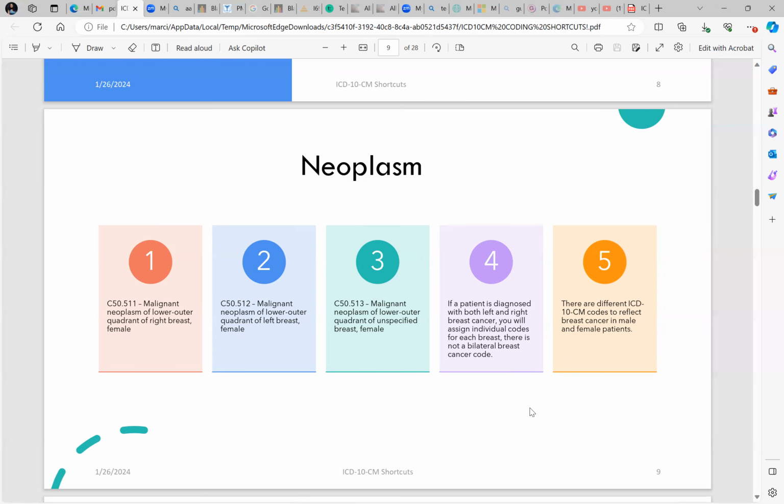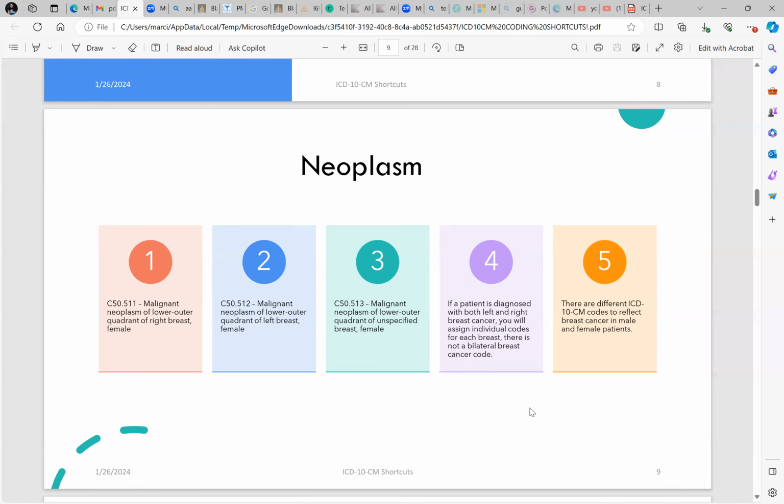So, when we talked about the ears or the eyes, we had a 3 for bilateral, meaning both ears or both eyes. Well, when you're coding breast cancer codes in the neoplasm category, there is not a code for both breasts.